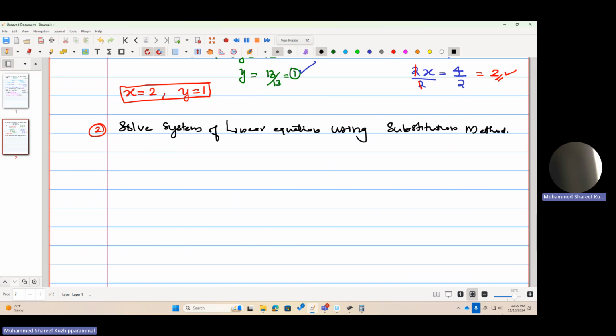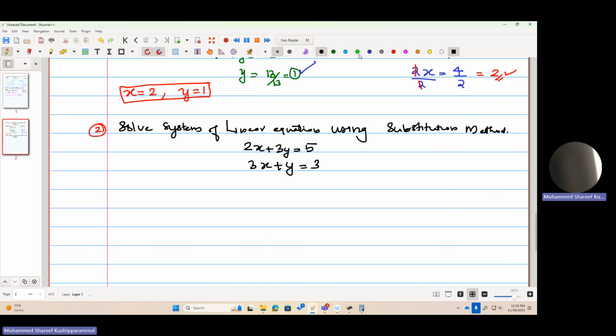What is the question? 2x plus 3y is equal to 5 and 3x minus y is equal to 3. Sorry, 3x plus y is equal to 3.